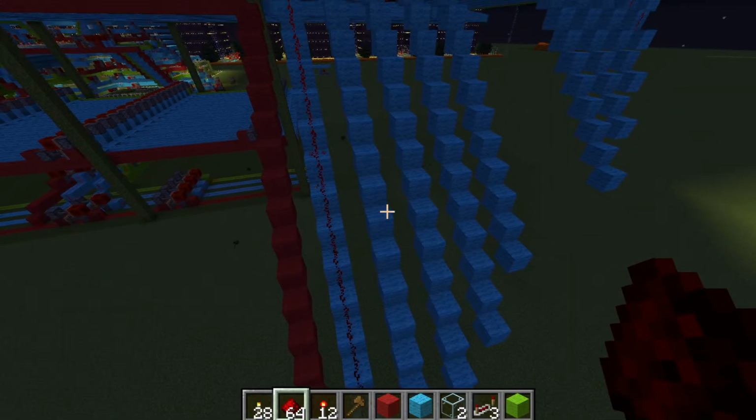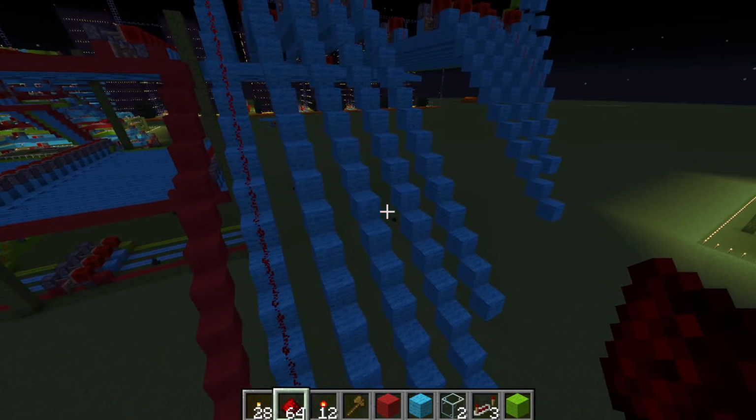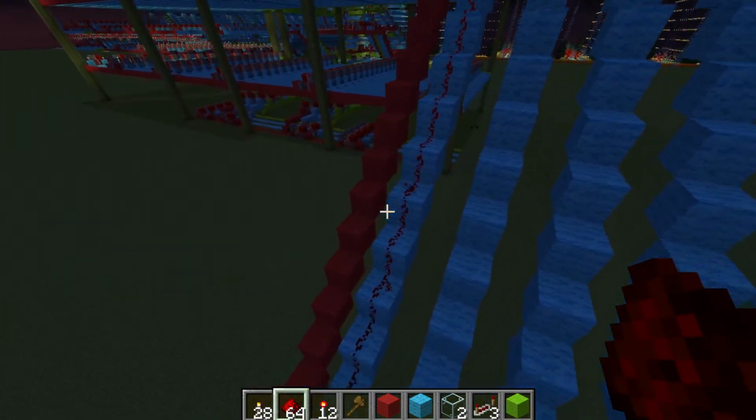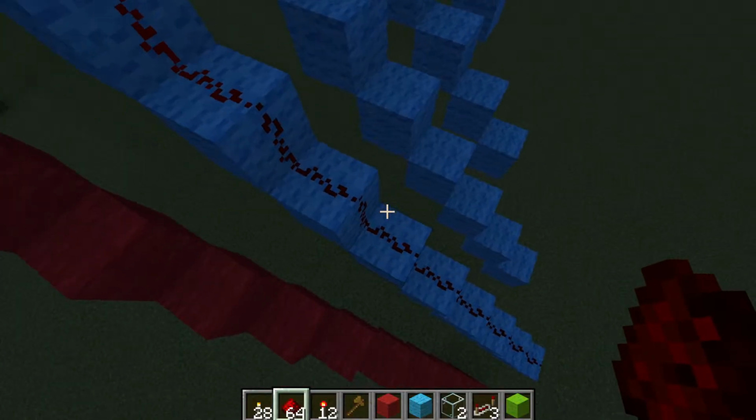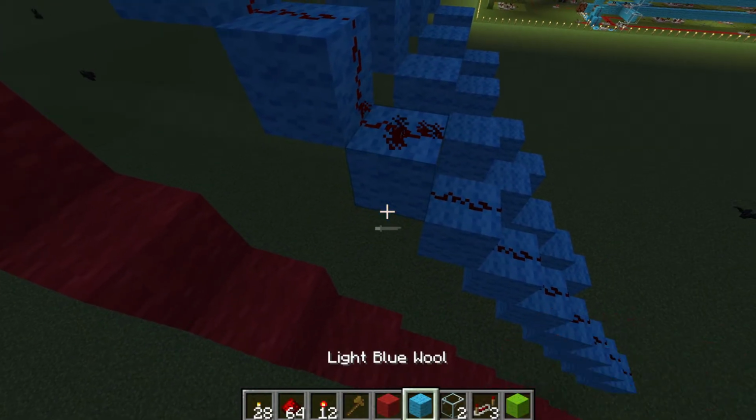Now I've got to add some booster wires to this. Got to put a repeater in here.